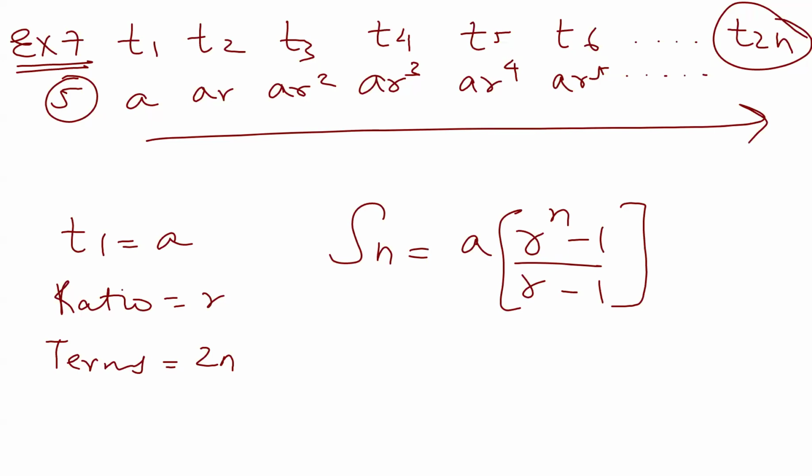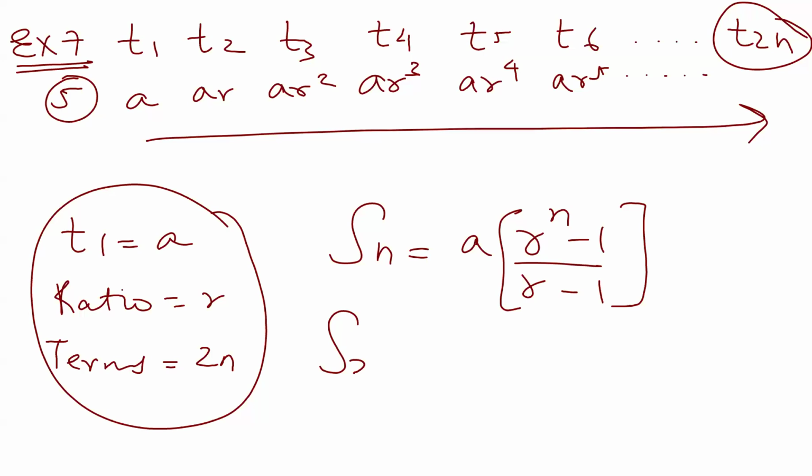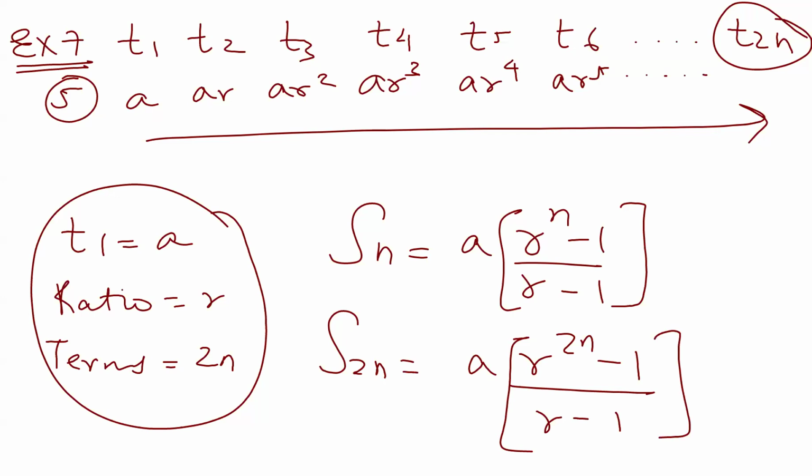So I'll put these values: S2n is A times r raised to 2n minus 1 upon r minus 1. So this is the sum of all terms in a GP which has even number of terms. First part we have done.